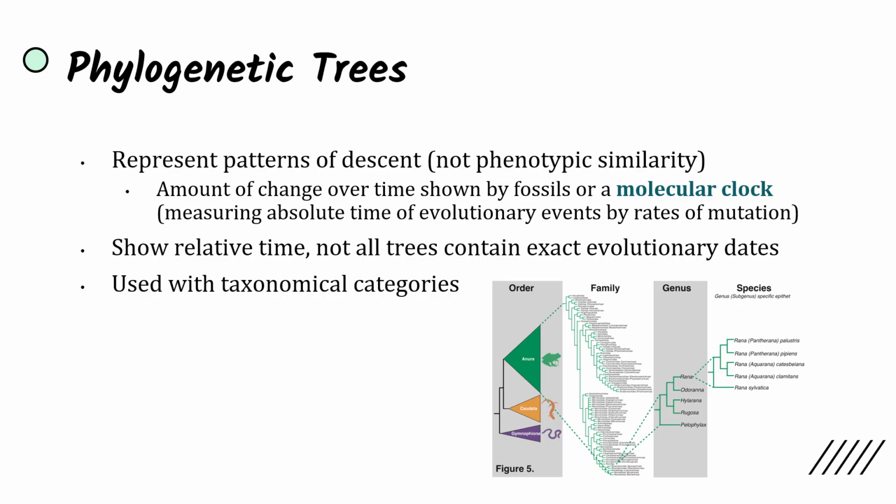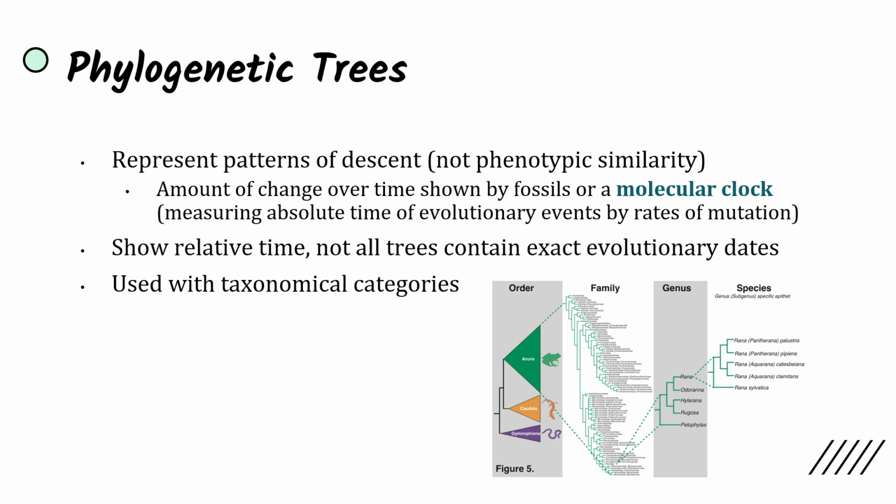And the amount of change over time is shown by fossils or a molecular clock, which measures absolute time of evolutionary events based on rates of mutation, because mutation is going to introduce new genes into the DNA, which can then be selected for. And they show relative time, some of them, and not all trees contain exact evolutionary dates. It's everything in comparison to other species.